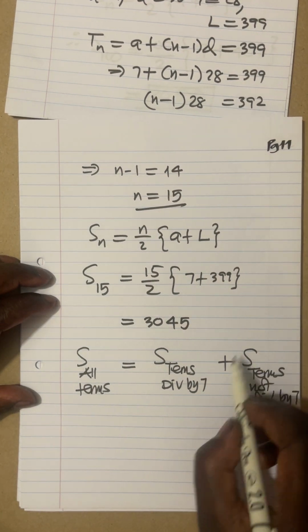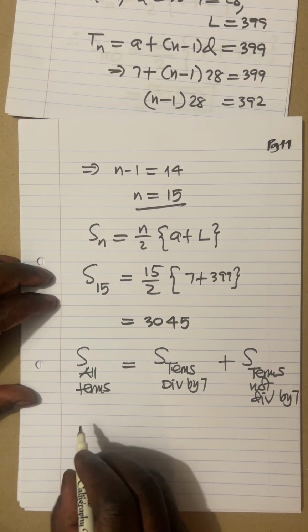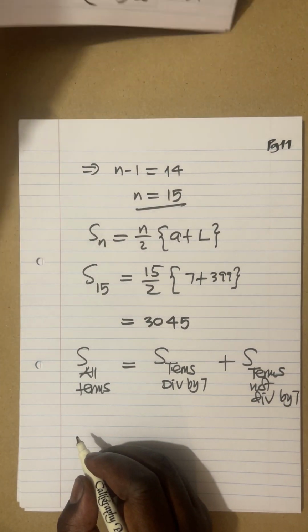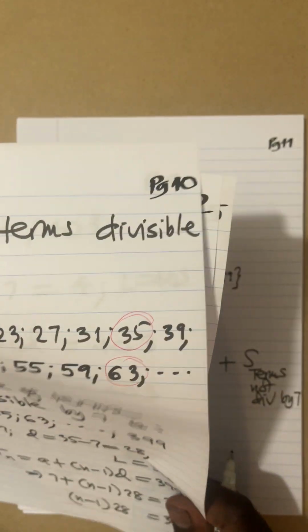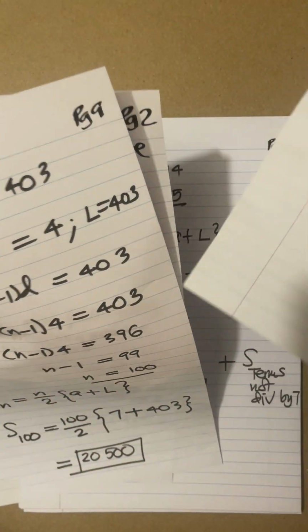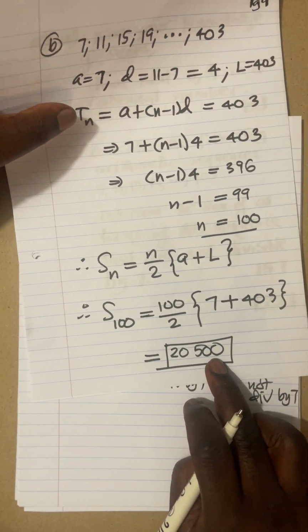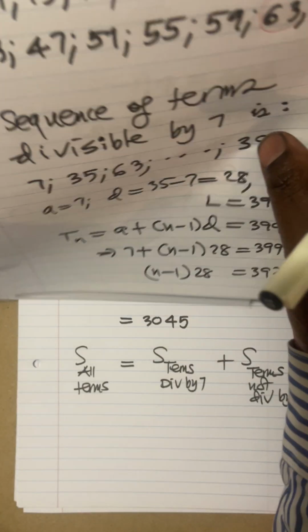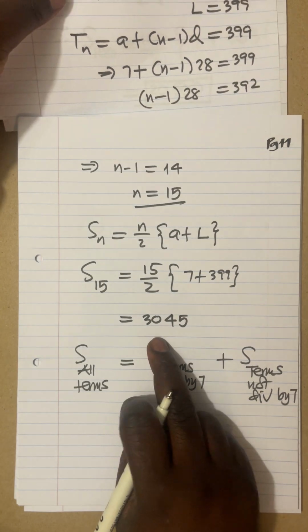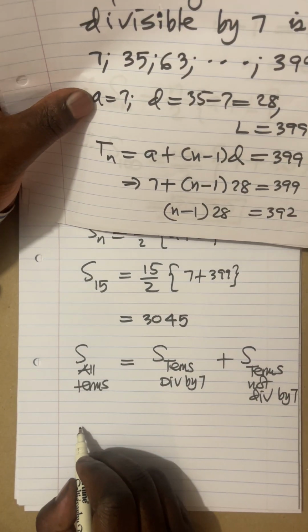Now they want us to work out this one. Do we know this? Yes. Sum of all terms, we calculated it. Here it is. Sum of all terms, there it is, 20,500. Do we know the sum of all terms divisible by 7? Yes, 3045.